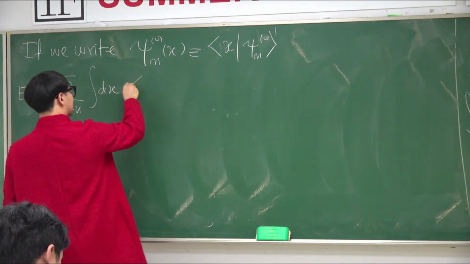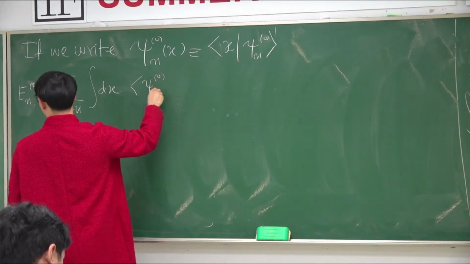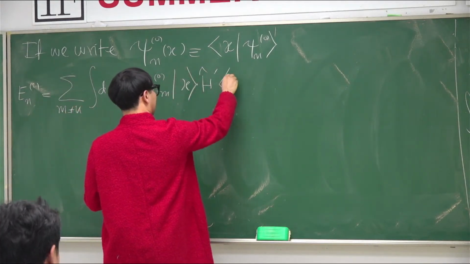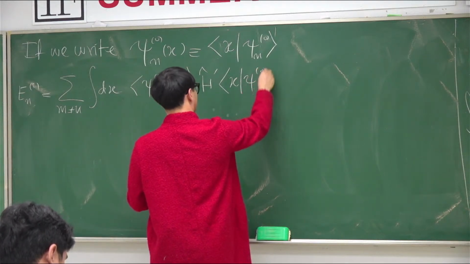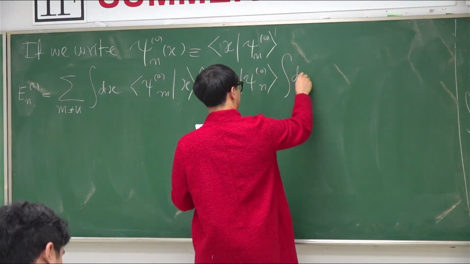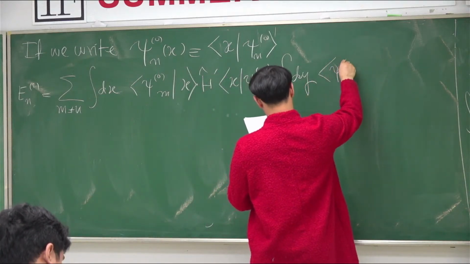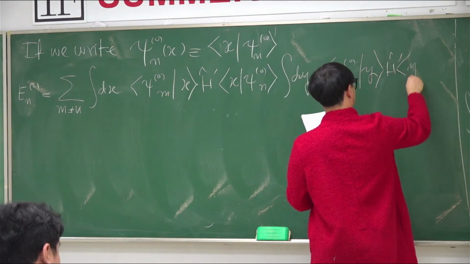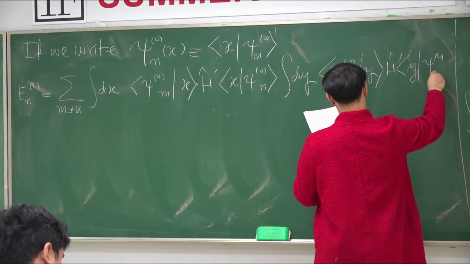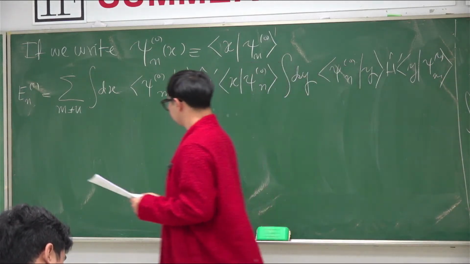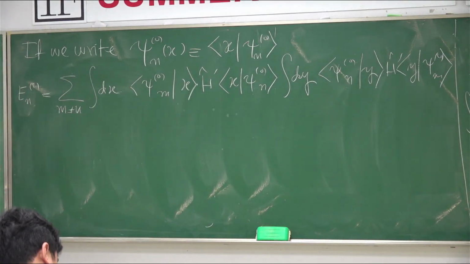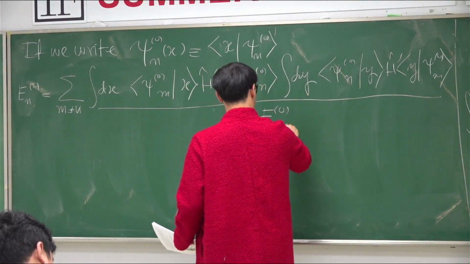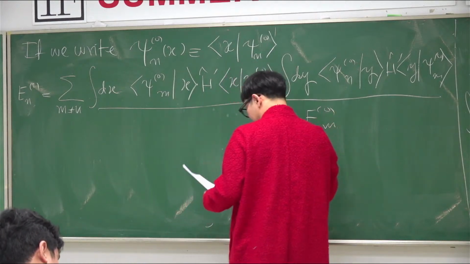The first one is M, X here, X, N, and this Y, Y, yeah, and this whole thing divided by this.